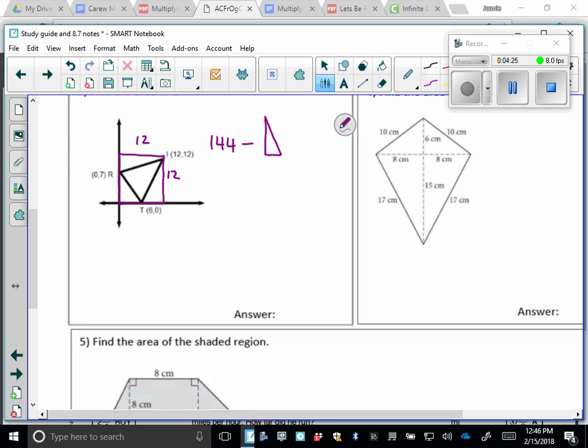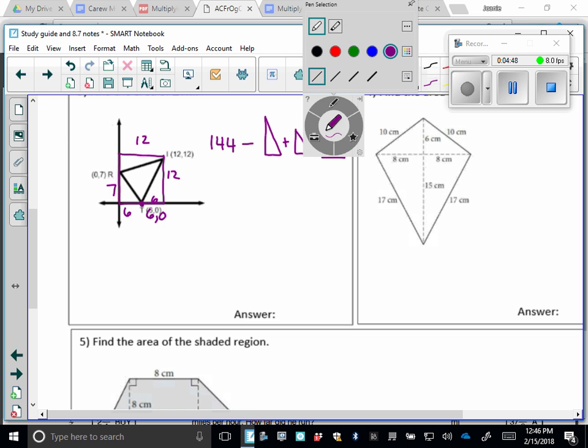So for example, there's 3 different size triangles. And it may be difficult to see that this is 6, so this is 6 and 6. So this is a 6 by 7.